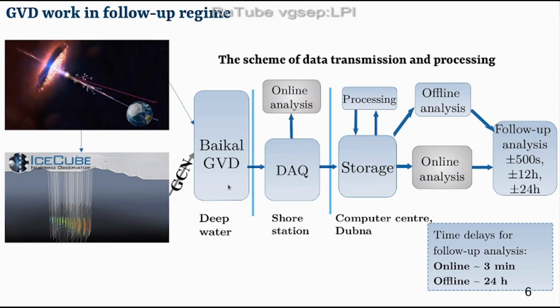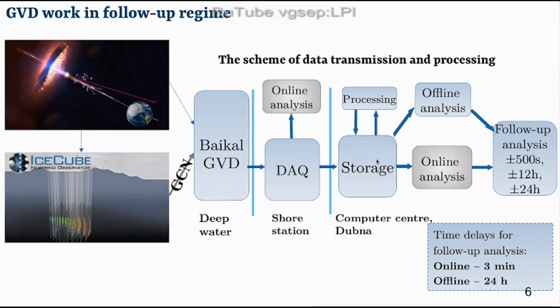At the same time, it works in its usual mode. It gets information from interactions in deep water. After that, these data go to the shore station, the data acquisition system, where there is online analysis. After that, data go to the computer center in Dubna storage.